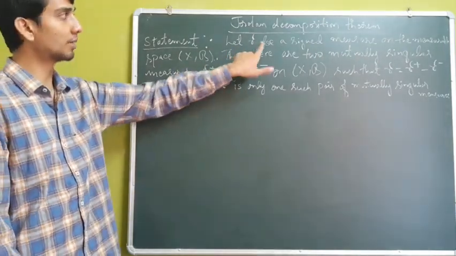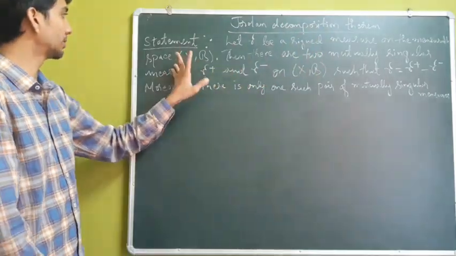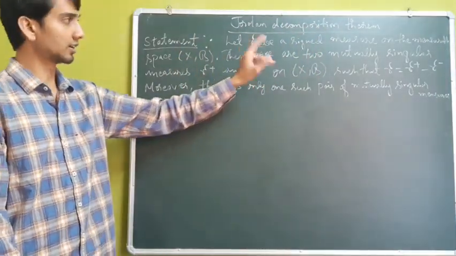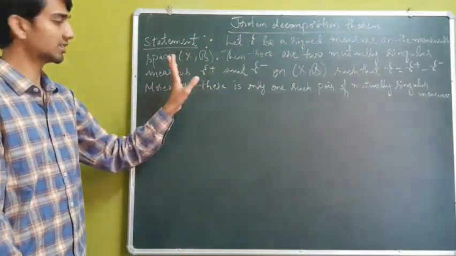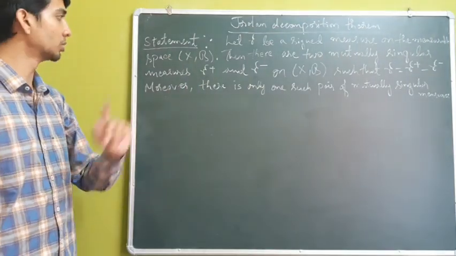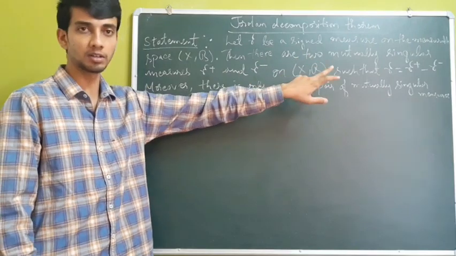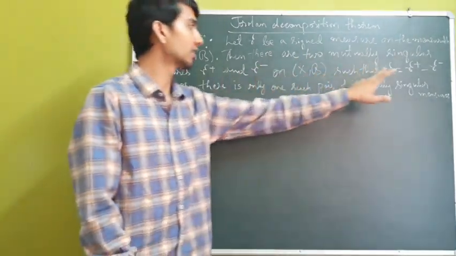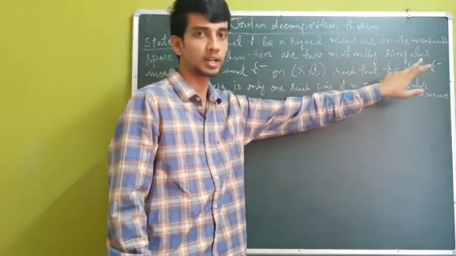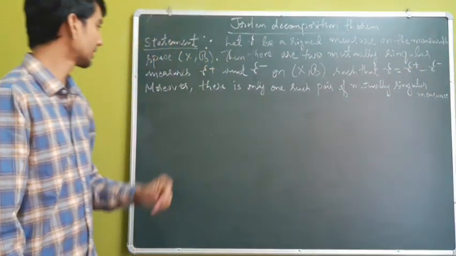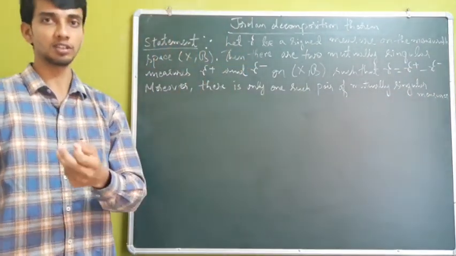Let me come again. If gamma is a signed measure on the measurable space (X, B), then there are two mutually singular measures, the positive part and the negative part, defined on the measurable space, such that the signed measure is the positive part minus the negative part, and such a decomposition is unique.